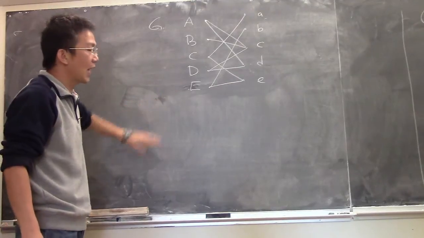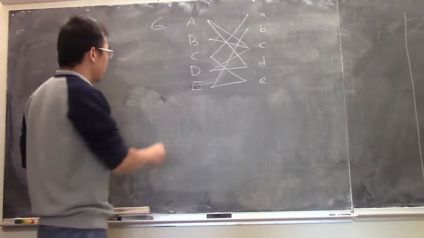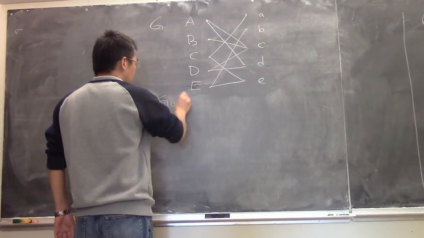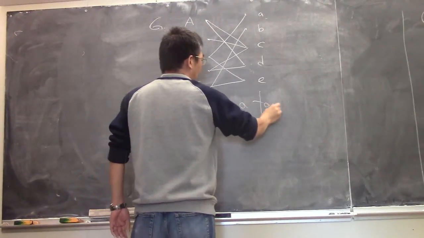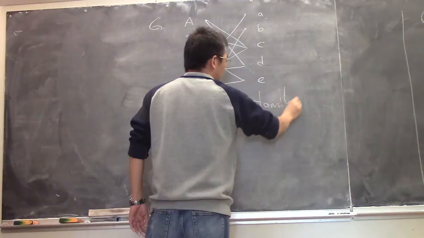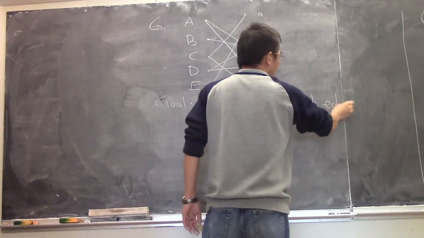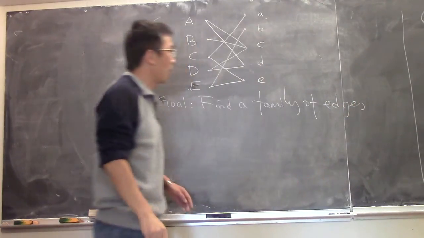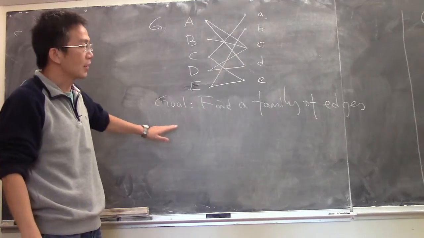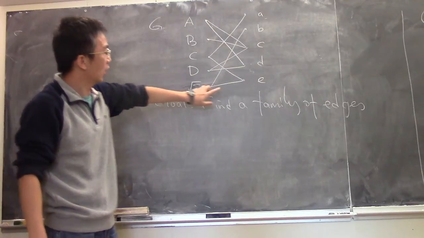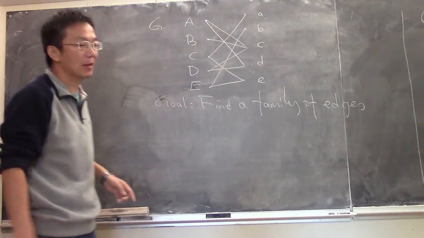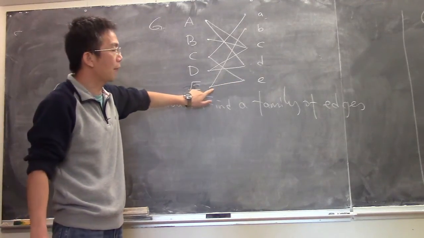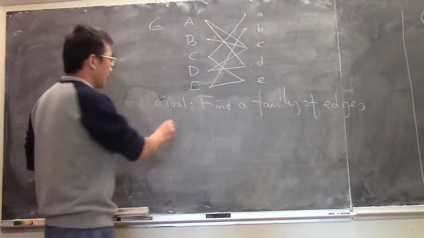So my goal is I want to find a family of edges such that each person will be assigned one job, right?